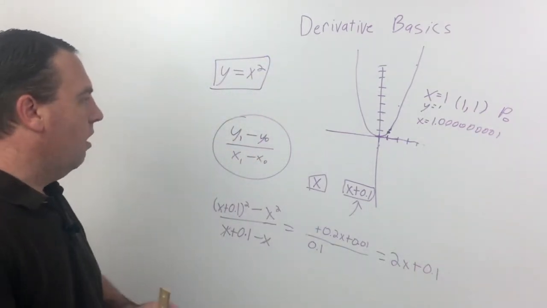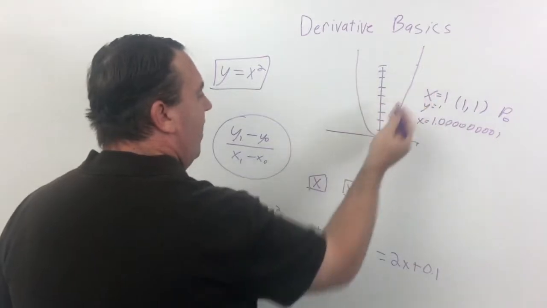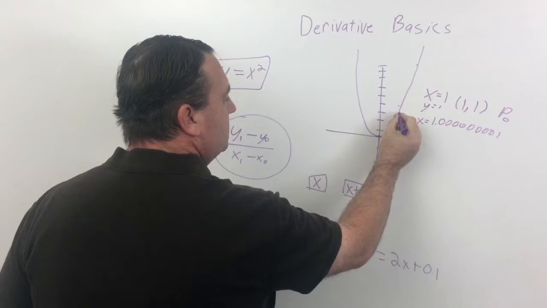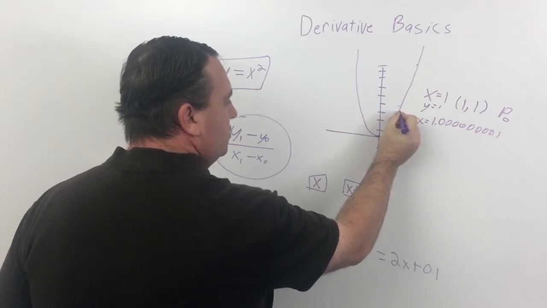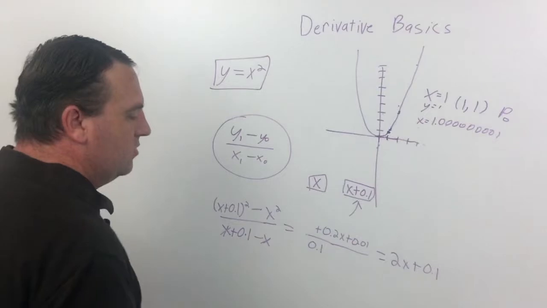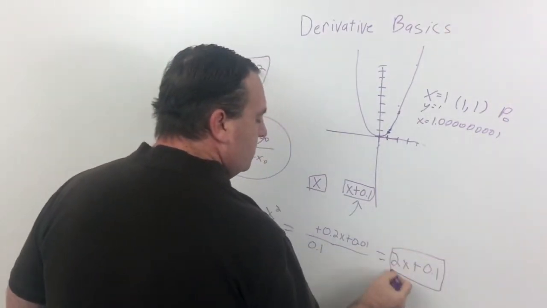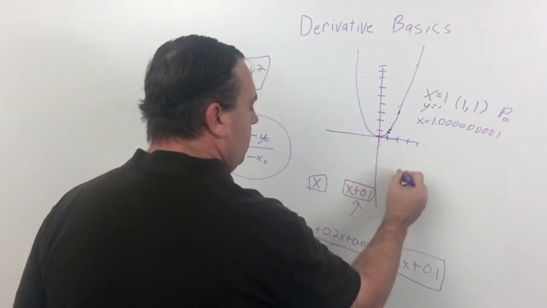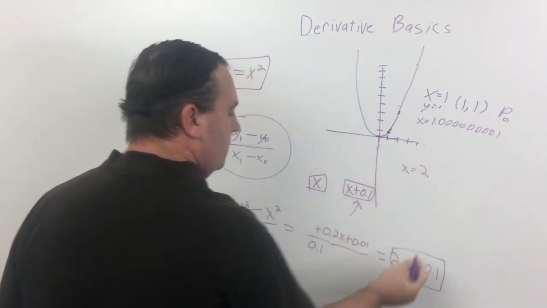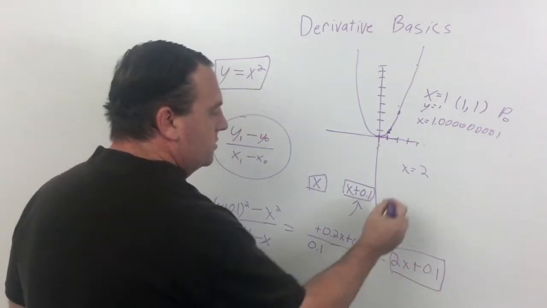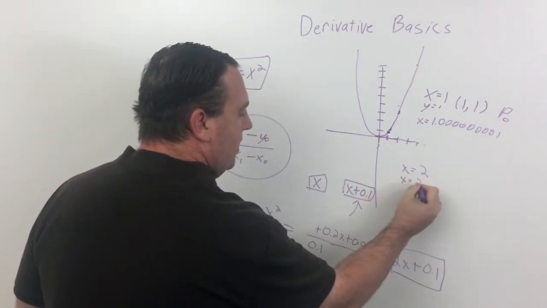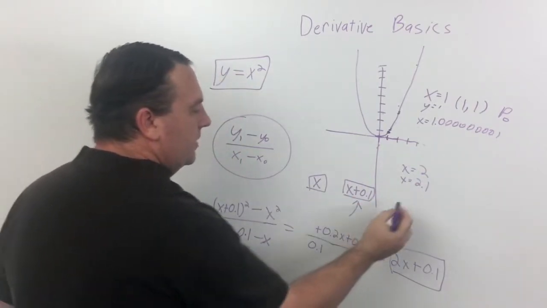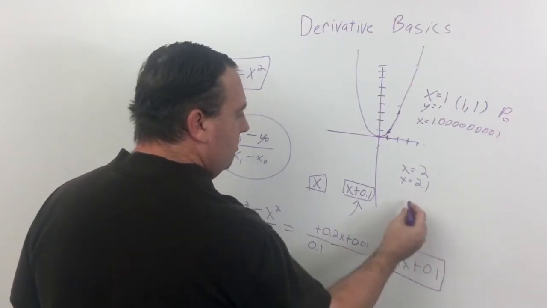So on any point in this graph, if I want to know the slope between this point and the point just a tiny bit after it, I can use this formula to tell me. All right, so let's look at what happens at x equals 2. Well, at x equals 2, according to this formula, the slope between x equals 2 and x equals 2.1 will be 2x plus 0.1.